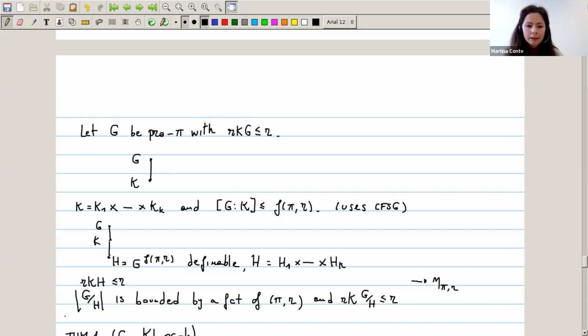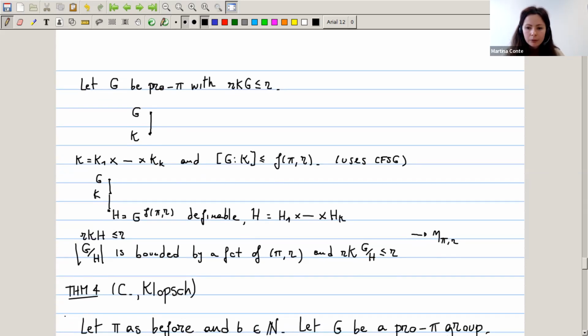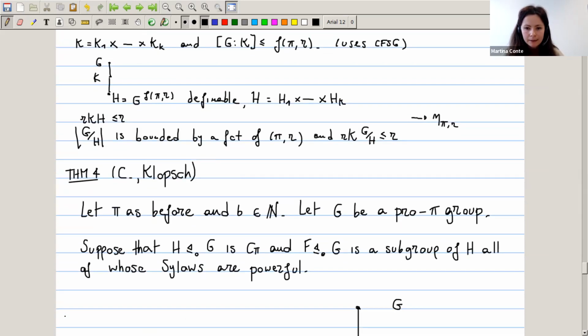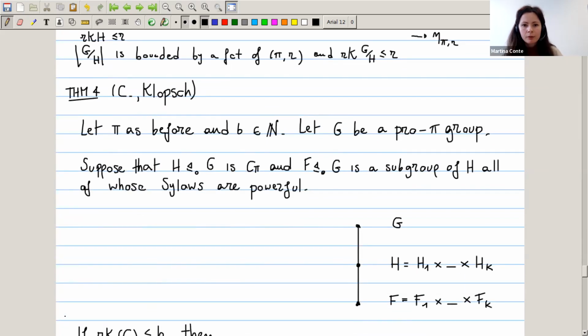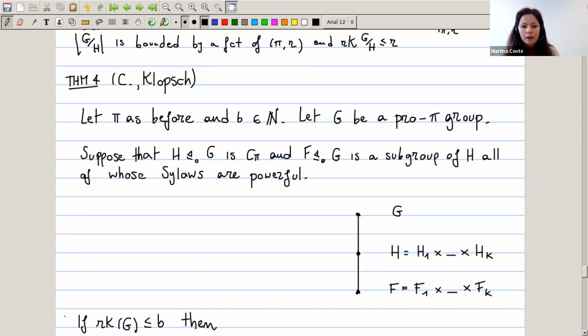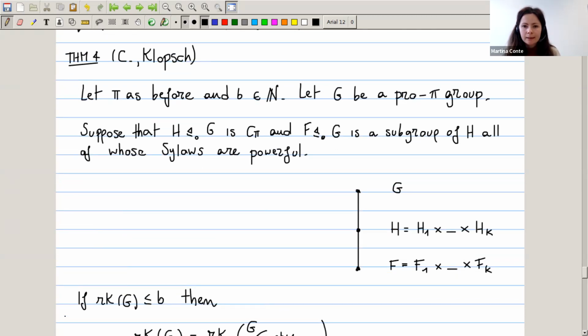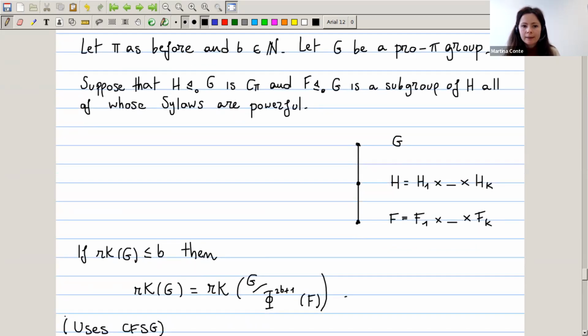So we would need something like the key tool that we had in the pro-p case, which allowed us to see the rank of G in a finite quotient of G. And indeed, we could find this result also for pro-pi groups, even if in this general case the result uses results of Lucchini that require the classification of finite simple groups.